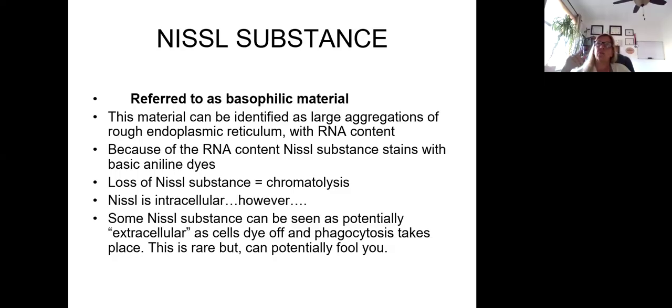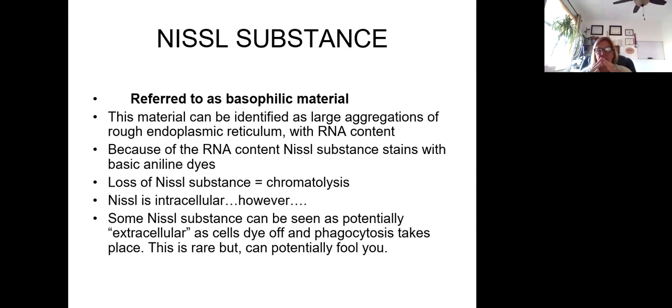Now, it's sort of weird when you look at Nissl substance microscopically, because Nissl is actually intracellular, so it's inside of those neurons. But microscopically, it can look like it's extracellular because it's all about that cut.